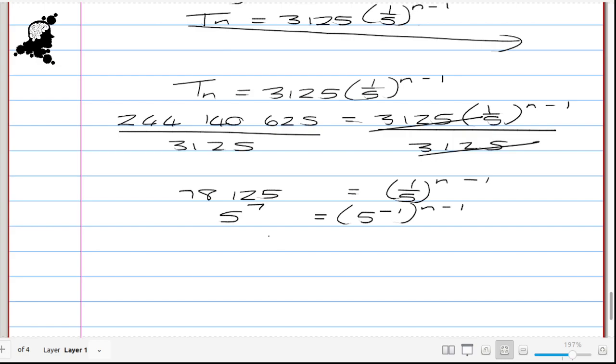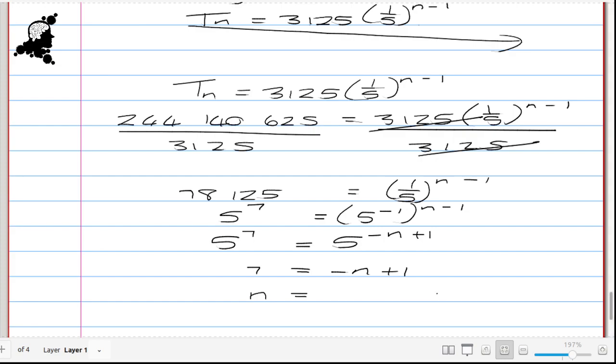Let's multiply out the brackets. So 5 to the power 7 is equal to 5 to the power minus n plus 1. Bases are the same. Let's drop the exponents. So 7 is equal to negative n plus 1. Let's take the negative n to the other side.